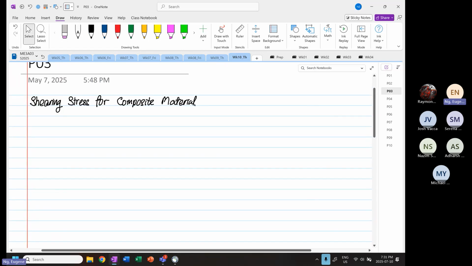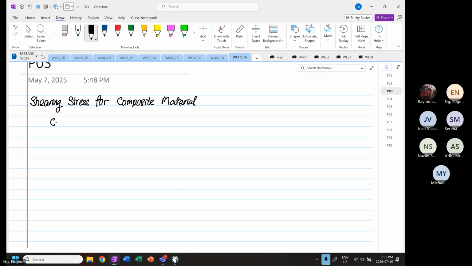Now, you have looked at composite material before, okay? So composite material is basically, this is a cross-sectional view.